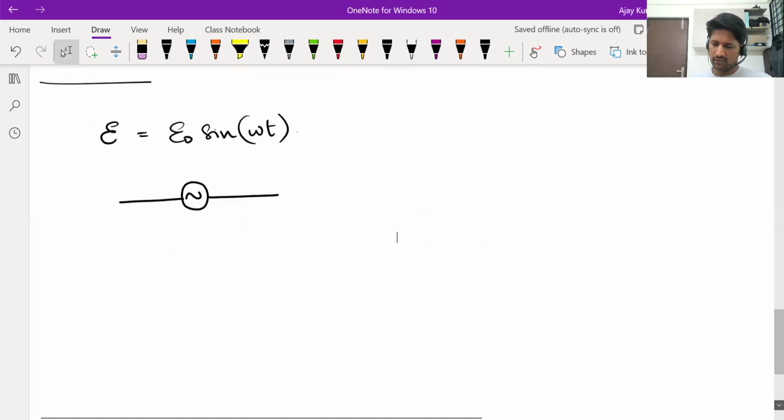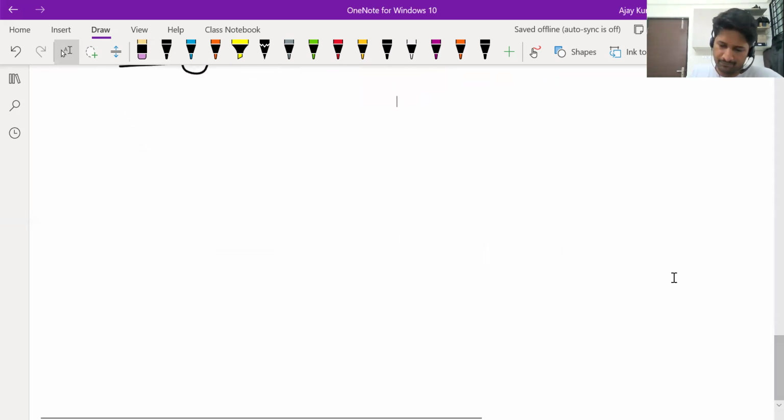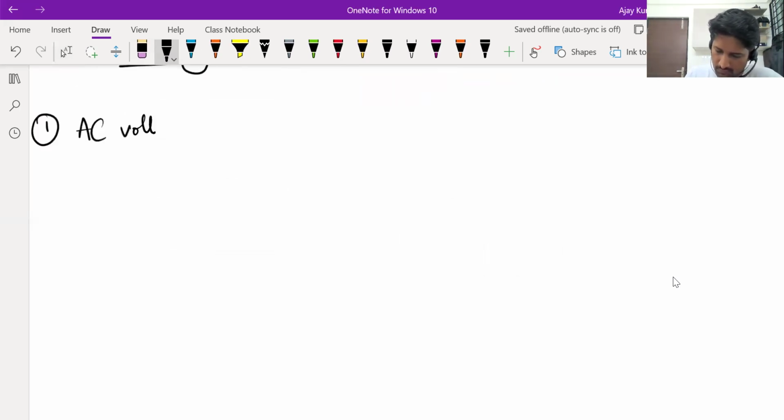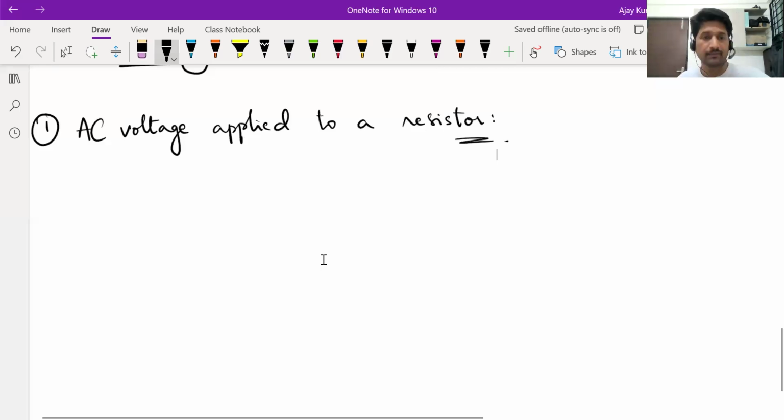So the first thing we'll learn is how to deal if this alternating voltage is applied across a resistor. Only a resistor, nothing else. Okay.